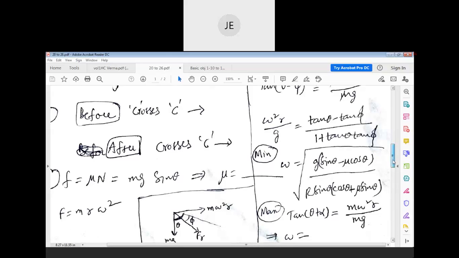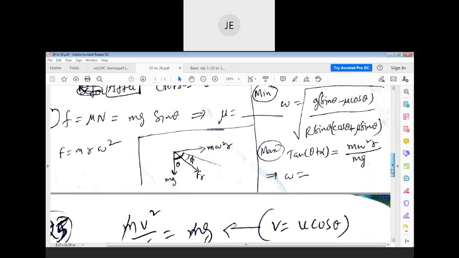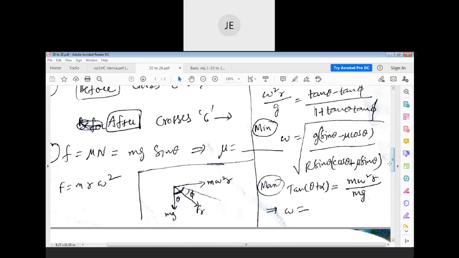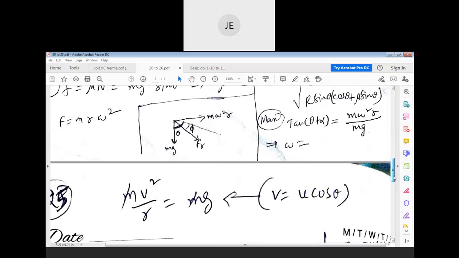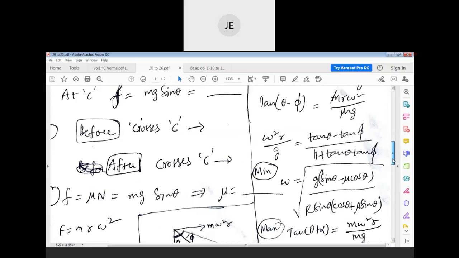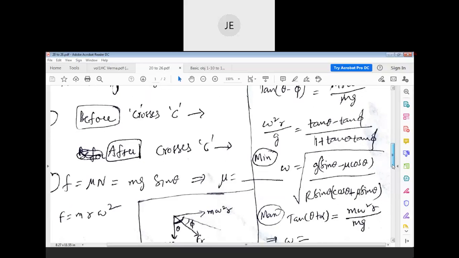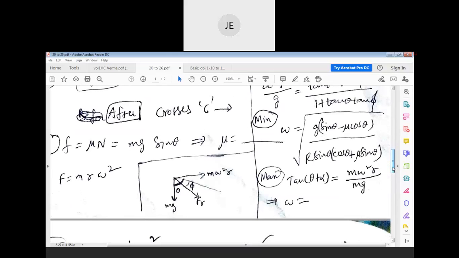To get the maximum angular speed, you just have to take theta plus phi. It's not alpha; tan theta plus phi you have to take. If you take that, you will get the maximum angular speed.